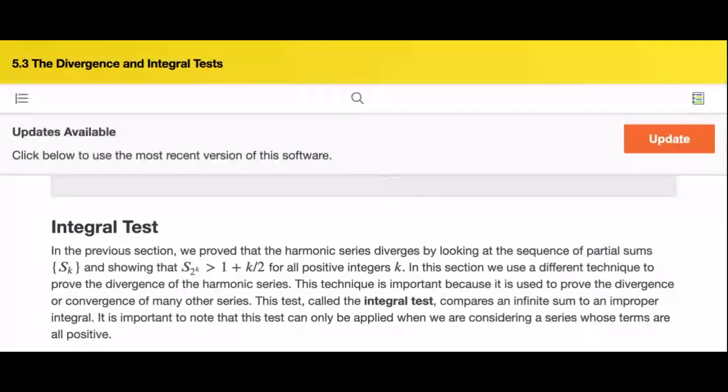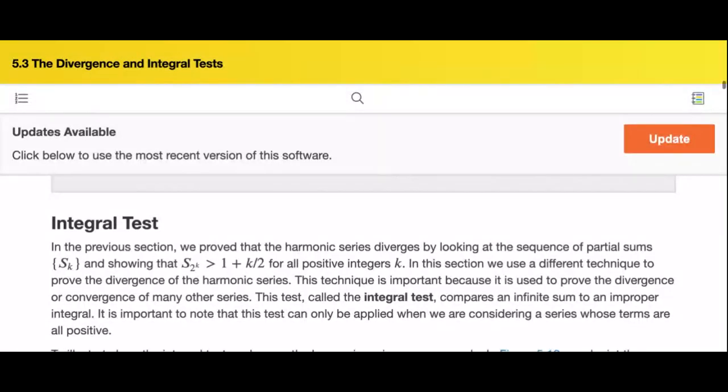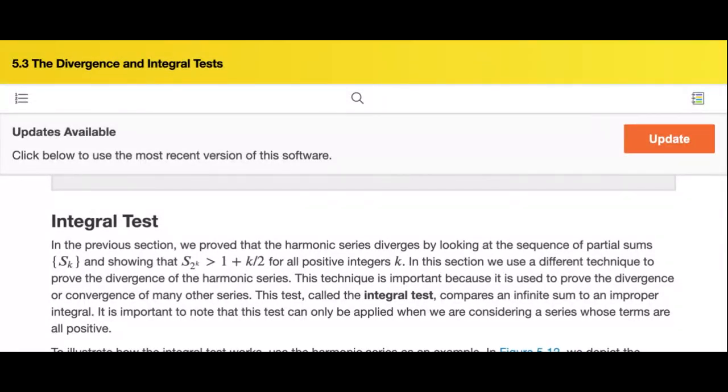Integral test. In the previous section, we proved that the harmonic series, remember the harmonic series, is 1 plus 1/2 plus 1/3 plus 1/4 plus 1/5, and so on and so forth. So the natural numbers are in the denominator.